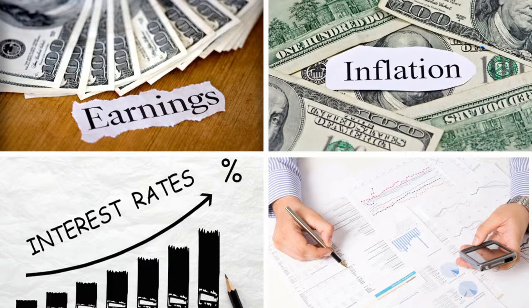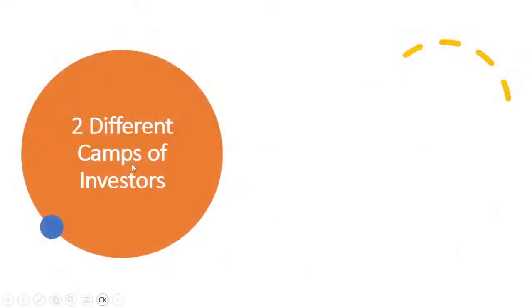Current inflation, current interest rates. The Fed just announced that they're keeping rates the same, but also talked about 2 more rate hikes coming up moving forward, which was a little shocking. The market kind of sold off today after that. But the market doesn't like high interest rates. It doesn't like high inflation. Those things eat at earnings. So the overall economy is very important to a fundamental analyst.